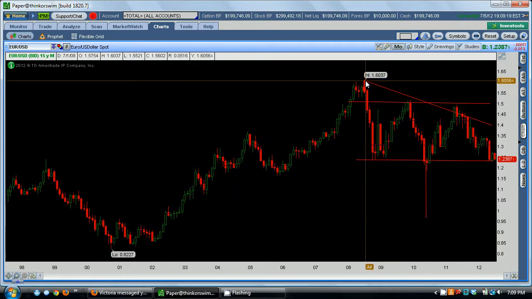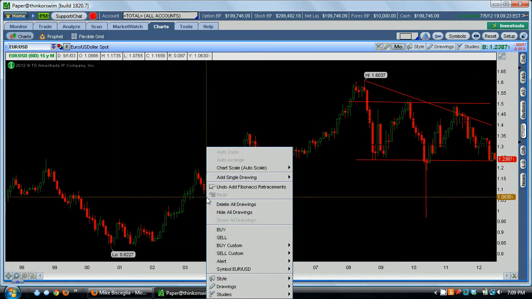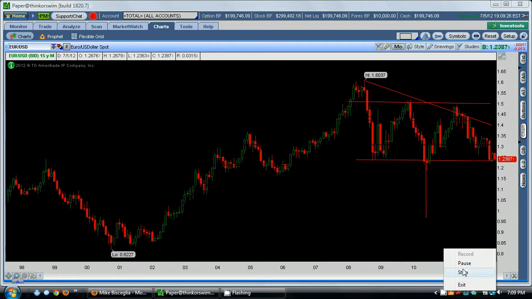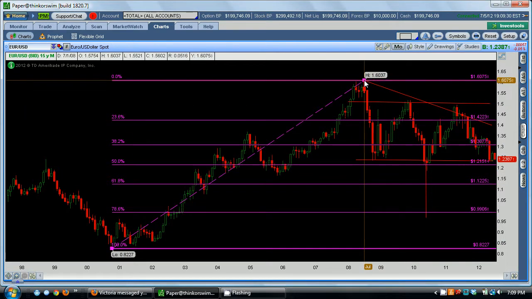There we go. Oh, it's not drawing. Hang on just a second. We'll just do it like this. Okay, I'm not going to be able to put my cursor over it, but it's giving us a minimum target, absolute bare minimum of $1.12.